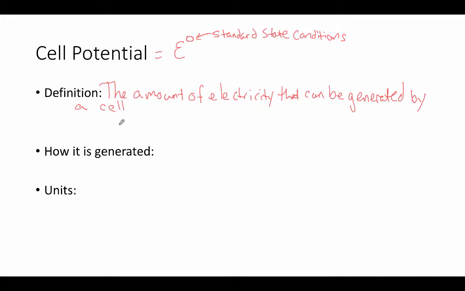And how is this cell potential, or this electricity, generated? Well, the oxidizing agent is the substance that gets reduced.